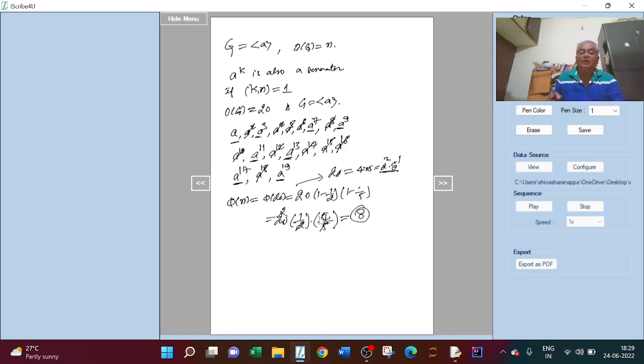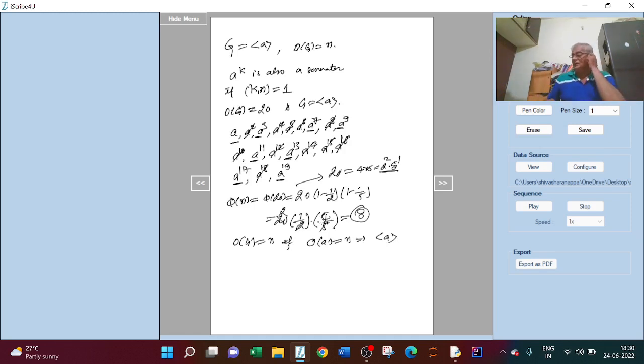Now, when do we say that a given element is a generator? Suppose the order of G is equal to n, and if there exists an element whose order is also equal to n, then we say that this a is a generator.